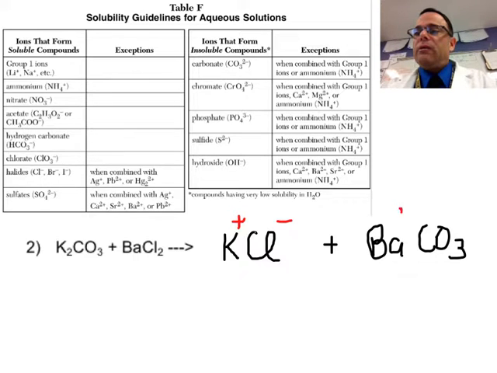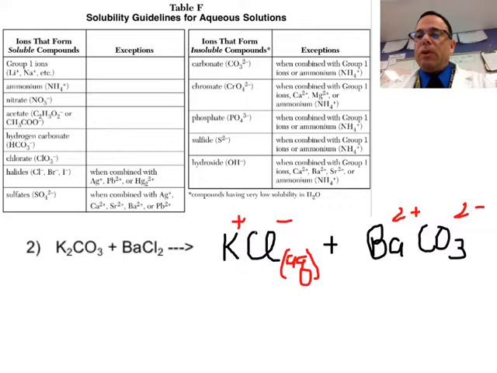Barium is a 2+, while carbonate's a 2-, and those ratios are fine. Now let's see. Remember the chlorides, the halides, chlorine. Chlorine is soluble unless it's with these, so this will be still aqueous.